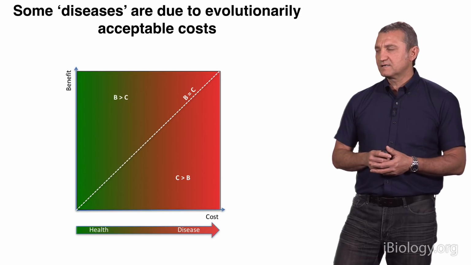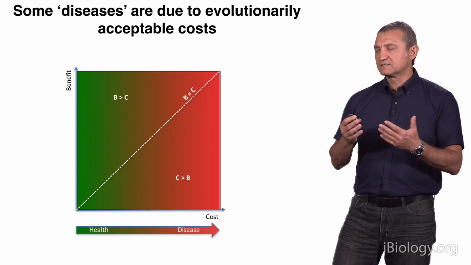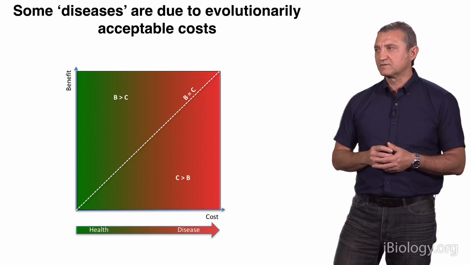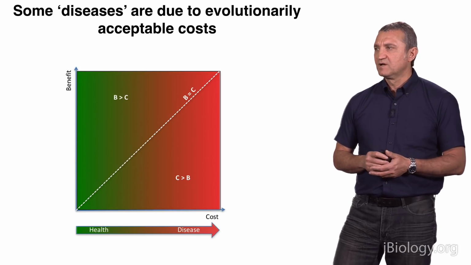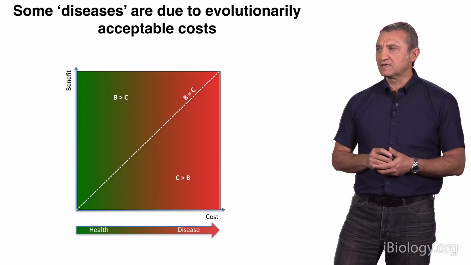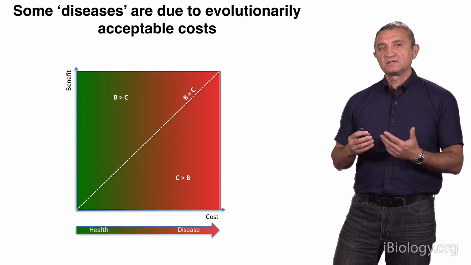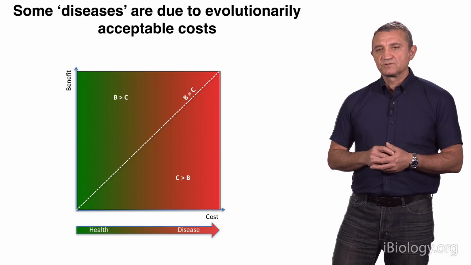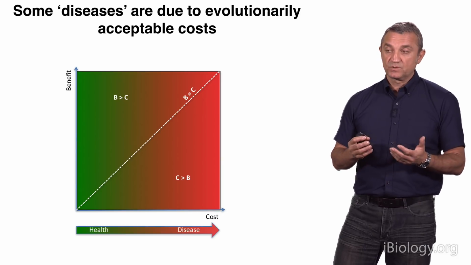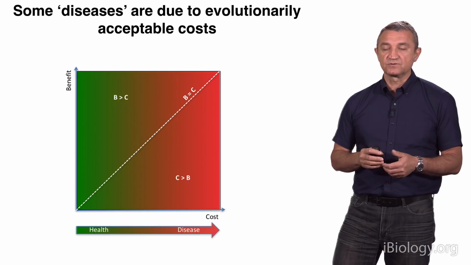Here, again, anything in the upper left triangle, where benefit is higher than the cost, would be fair game from an evolutionary perspective. But as you move to the right side, when the cost becomes higher and higher because the benefit is high, this would be associated with conditions we would often refer to as pathological or disease conditions.